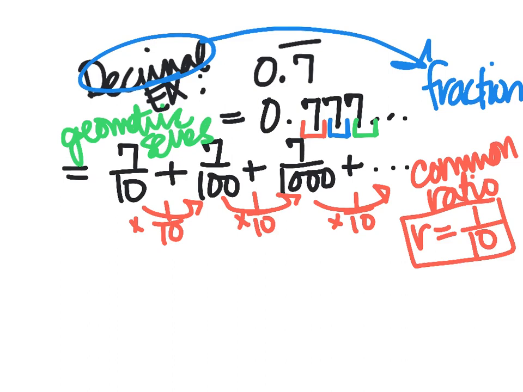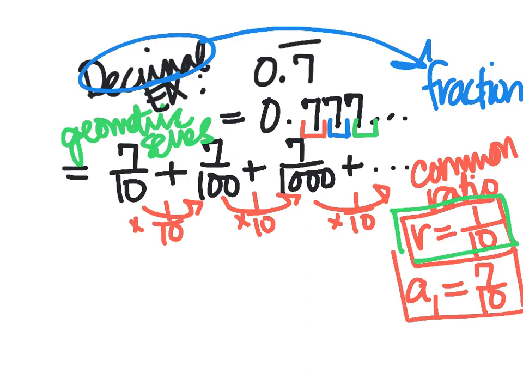But one of the things we learn as we look at this situation where things are multiplicatively related and we have a common ratio is that we have all the information we need to figure out the sum. Because we know that the common ratio is 1/10, and we also know that the very first term of the series is 7/10. So I know where to start my series, and I know how to multiplicatively grow it.